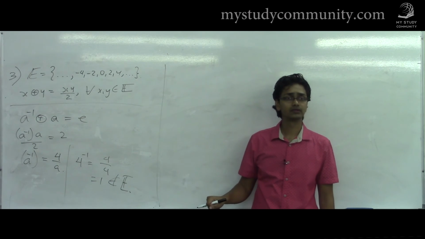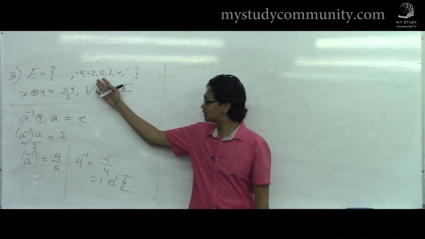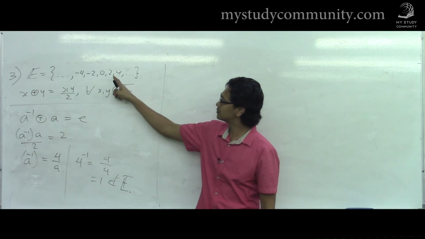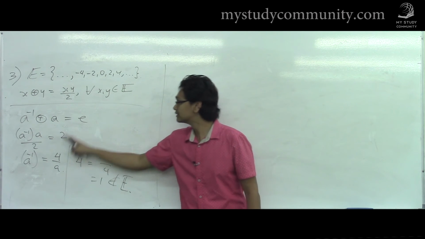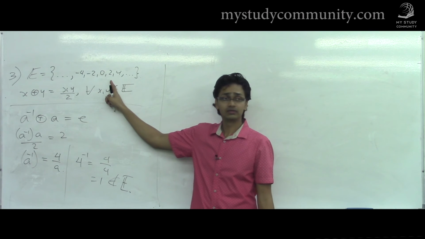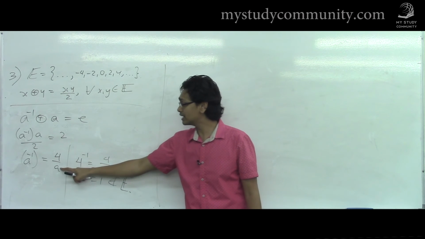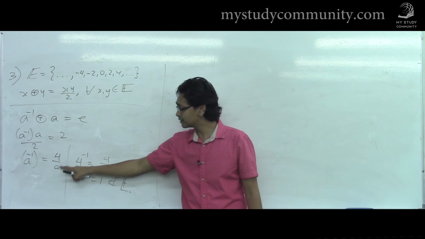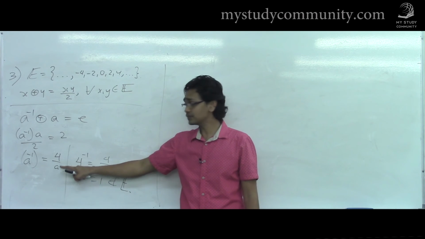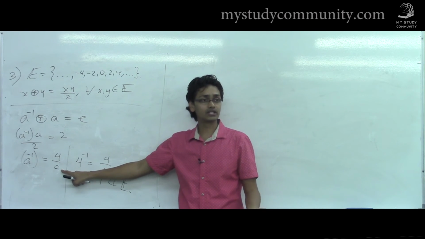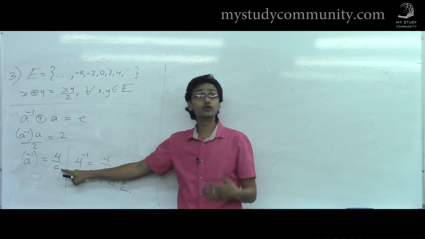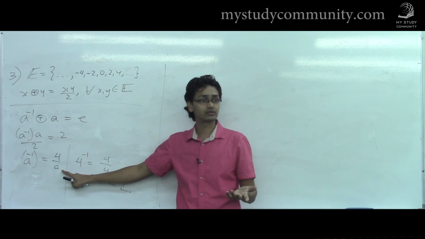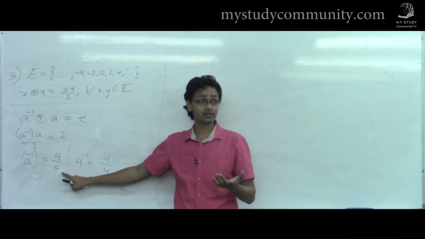Anybody? So I want this here to be in here, yes? So A has to be, I'm dividing by 4, right? So if A is 4, then I'll get 1, and we know 1 is not there, right? If A is greater than 4, then I'm going to get a fraction. So A cannot be greater than 4. So A has to be less than 4.